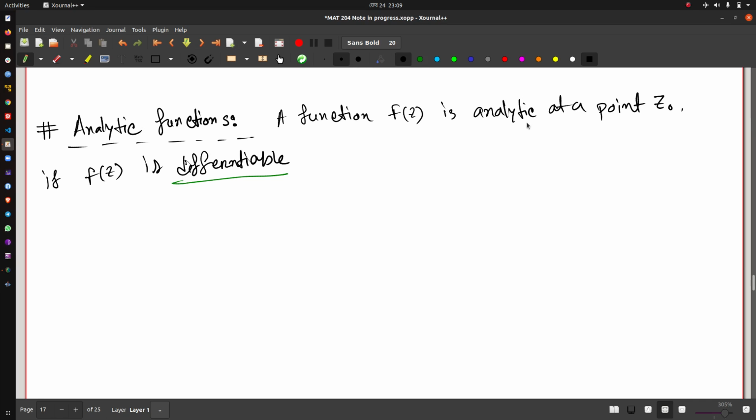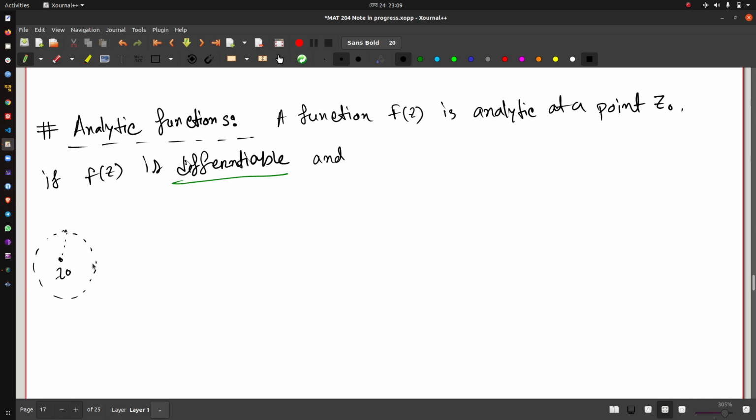So at point z naught, f of z is not only differentiable at that point, but it is differentiable in a neighborhood of z naught. That means you are not only taking this z naught point, but also a small neighborhood of it.